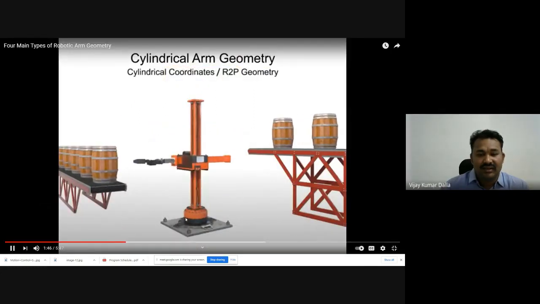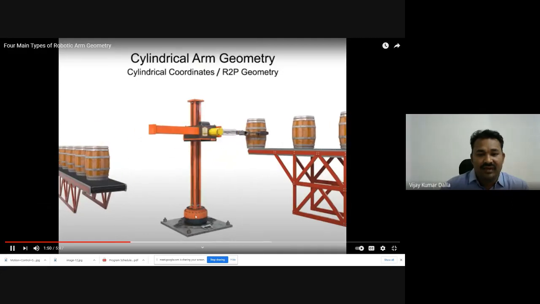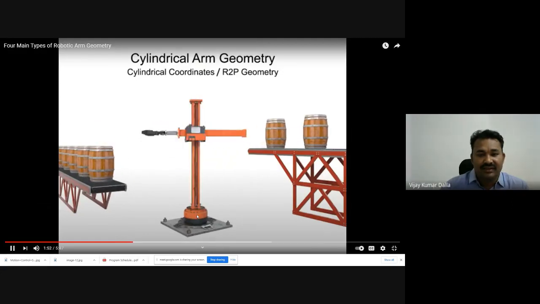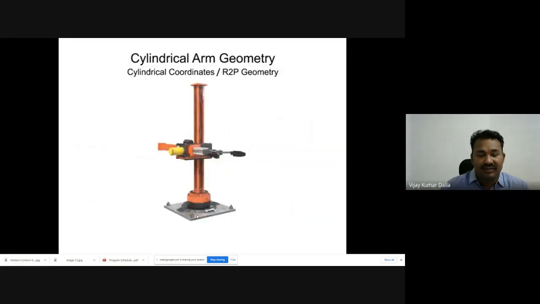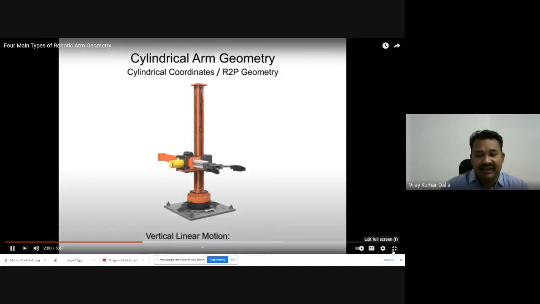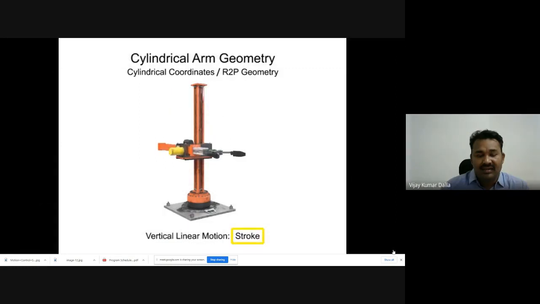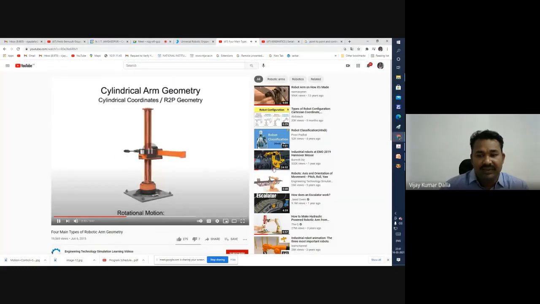Rotated, then moving off, again rotated, moving down. In this way, one can understand. Okay, coming back to PPT.